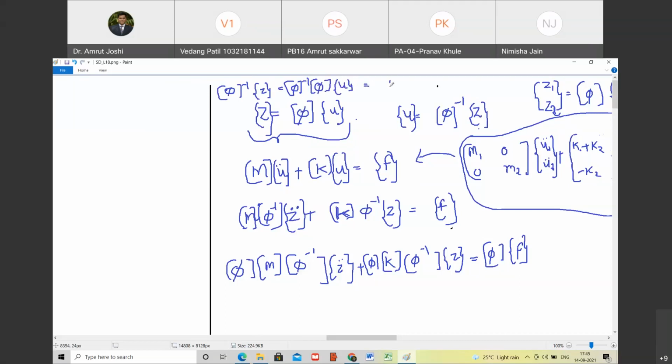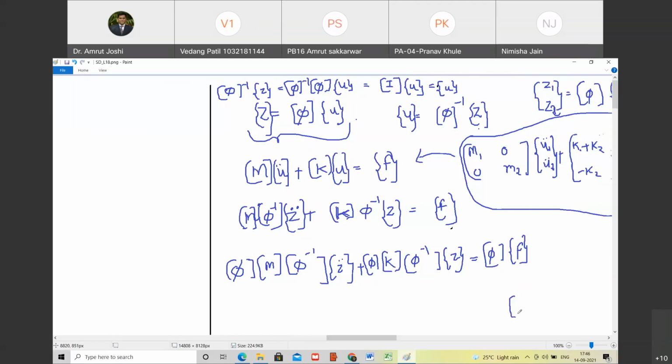It is I, the identity matrix. The inverse of a matrix multiplied by the matrix itself is the identity matrix. Do you agree with me? Yes, sir. I into U. And what is I into U? If you multiply any matrix by the identity matrix, it is that matrix itself. Do you agree with me? Yes, sir.